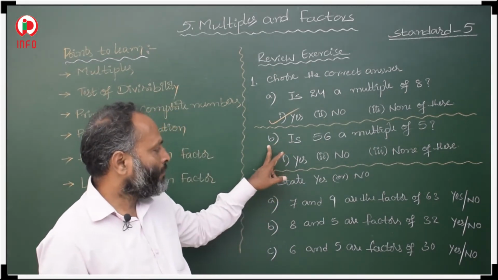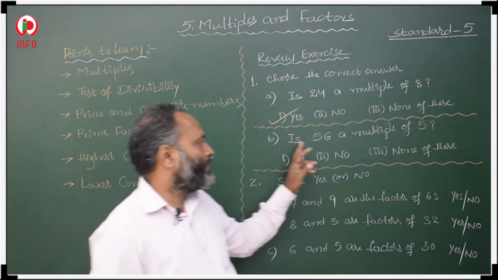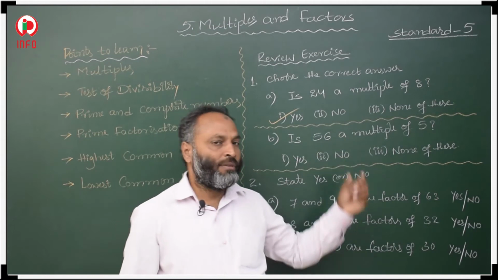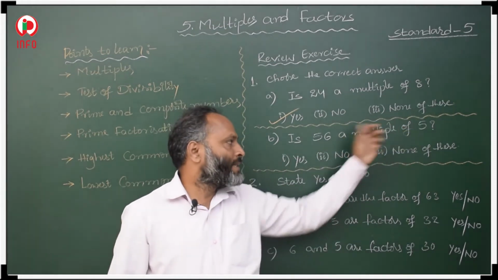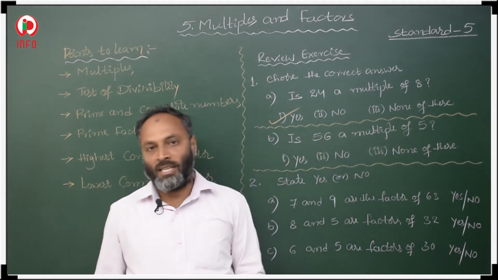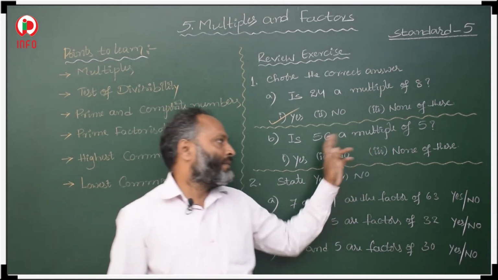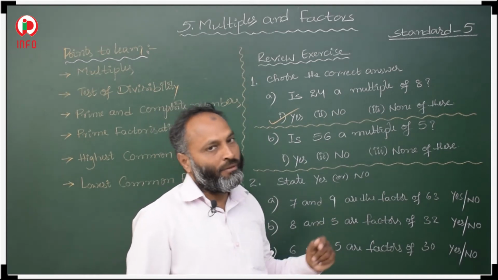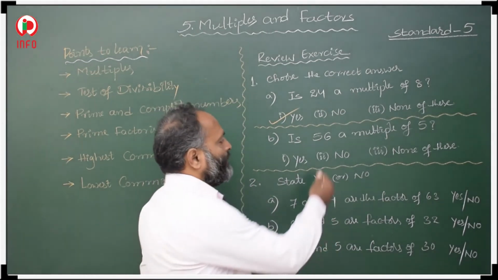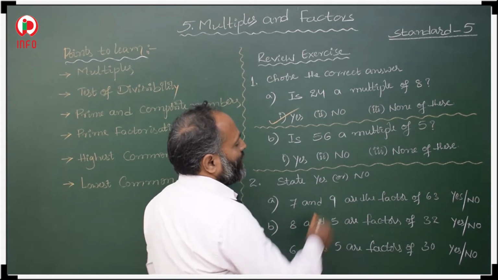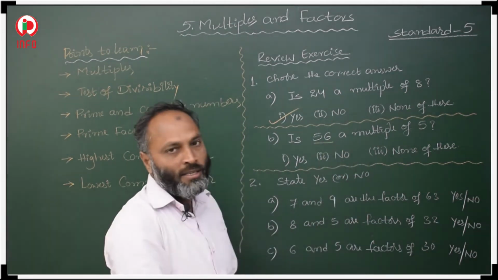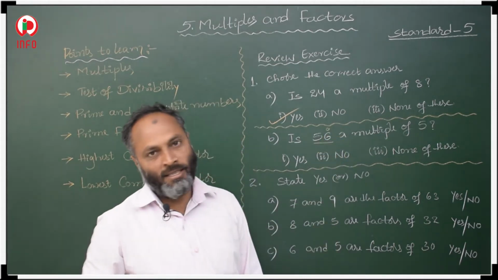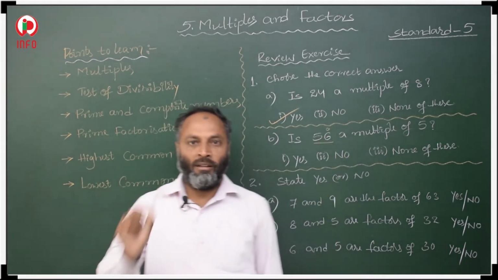Now the second one, is 56 a multiple of 5? It means, does 5 exactly divide 56 or not, he is asking. Here in 56, the ones place has 6. If 6 is in the ones place, then the number is not divisible by 5.